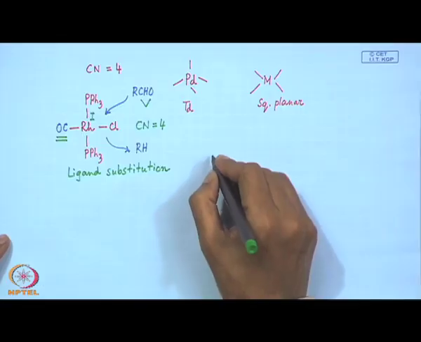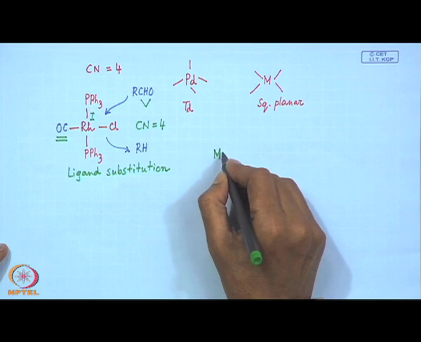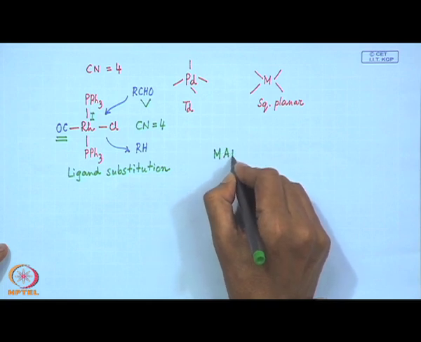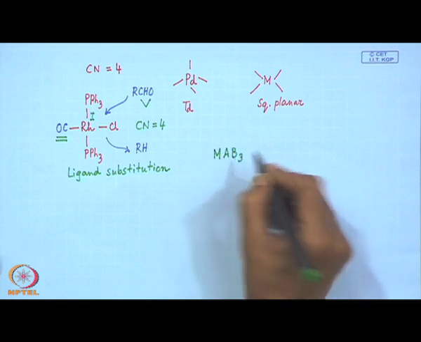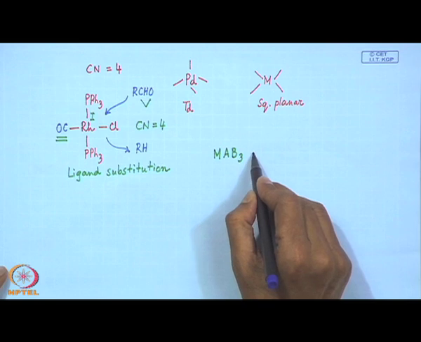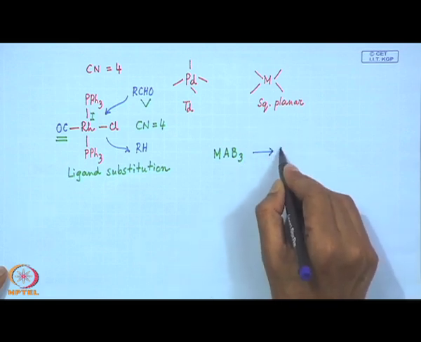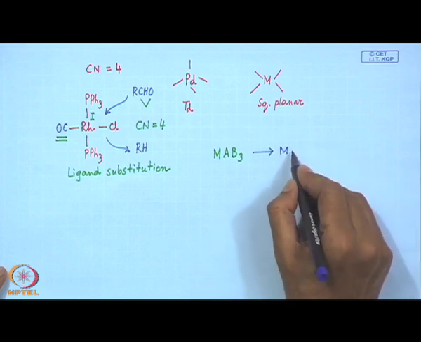So, we get an MAB3 type of compound, which is 4 coordinated and square planar, which is getting changed to M, and A is still there.